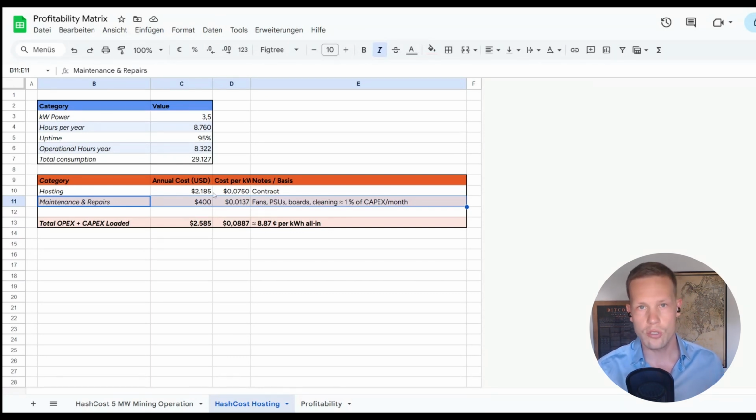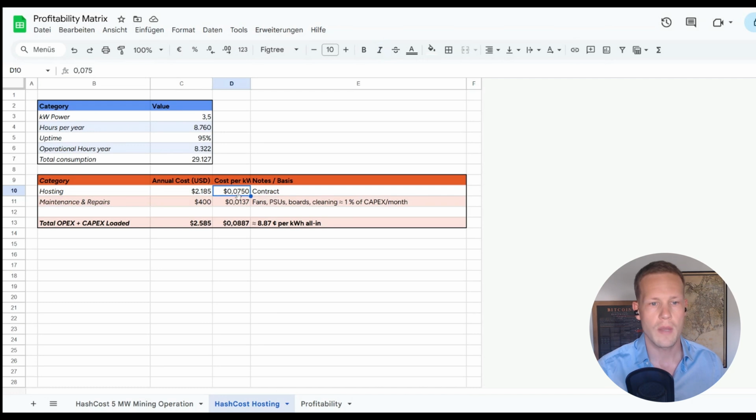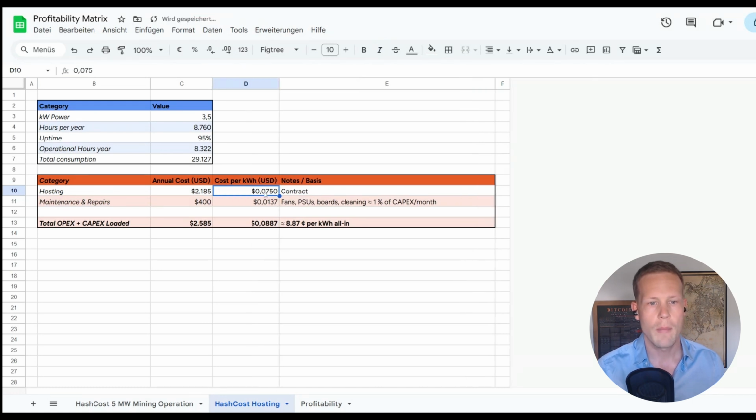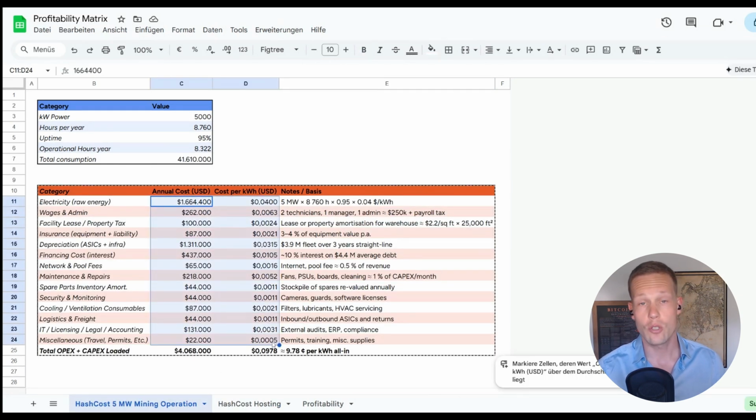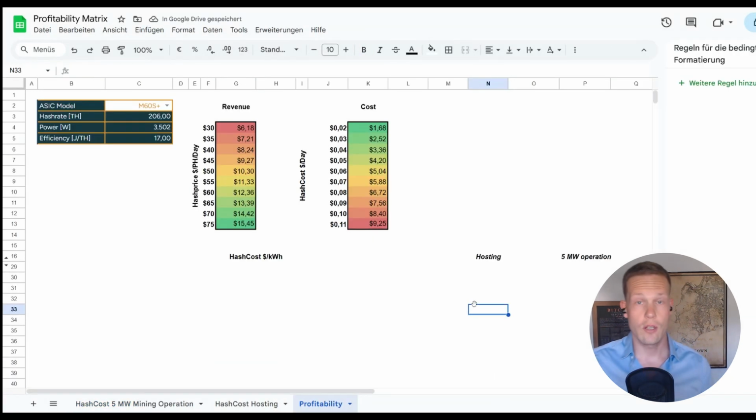So for your hosting contract, the cost per kilowatt hour might just be 7.5 cents, but then you have to add this cost on top of it. So your true cost here is 0.0887. Now, this is likely a bit too conservative. This should probably be a bit lower.